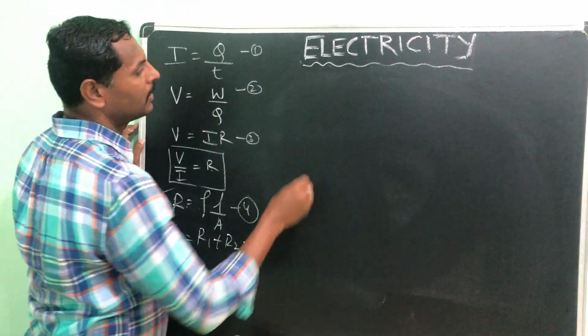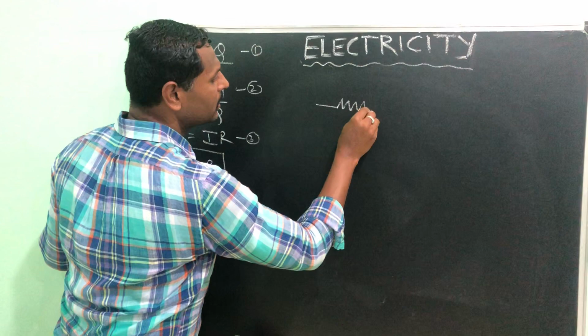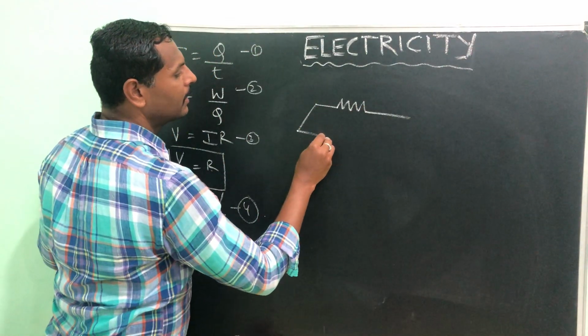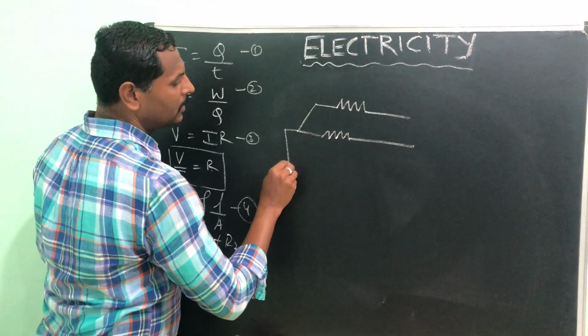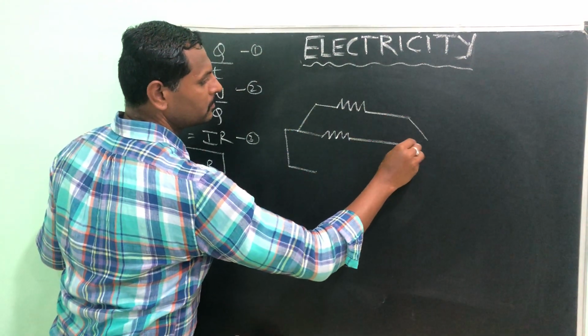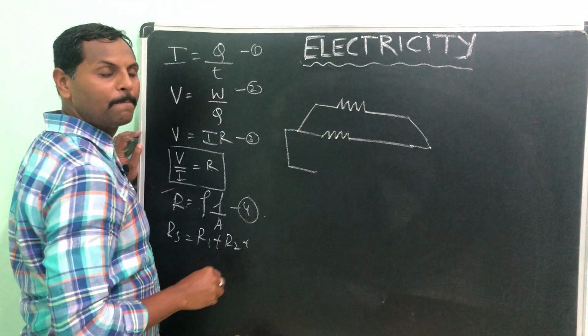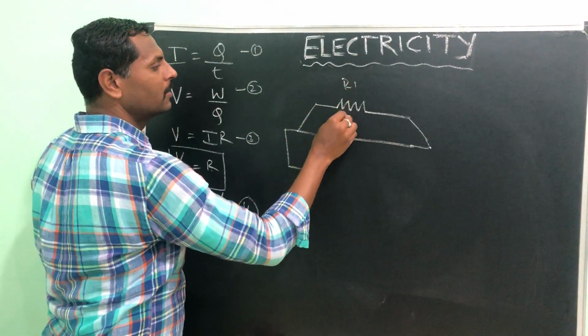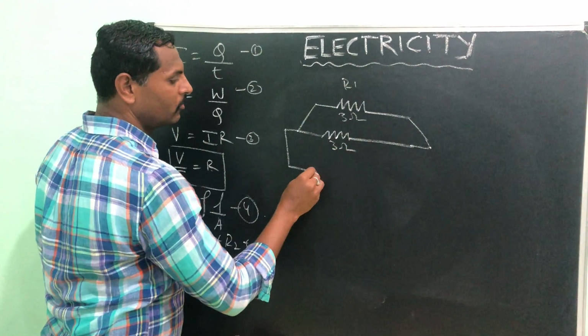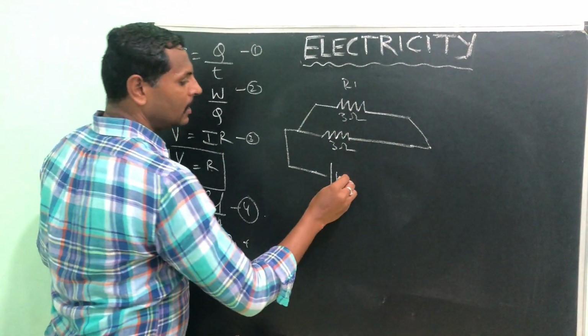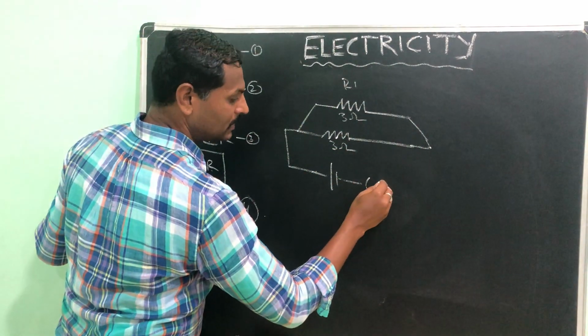And the same resistances, if you connect them in parallel, R1 which is having 3 ohm, once again I will take 3 ohm, it is also having 3 ohm, and this is the battery or a cell you can take.